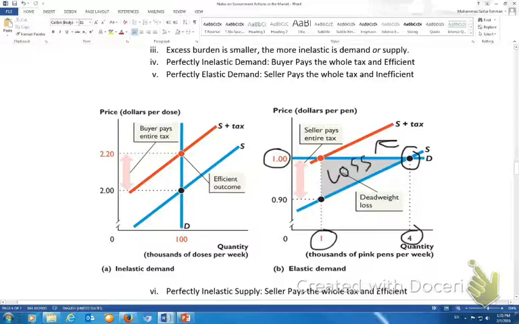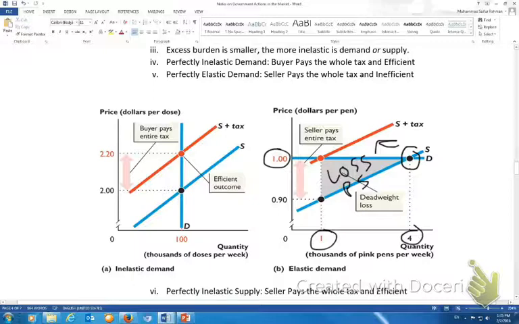So this is the deadweight loss. This is because of the underproduction that is happening, and also because our producer really does not receive the same price in both situations. Before, our producer was receiving $1. Now our producer has to pay back part of the tax that is imposed on them, so they end up getting a lower price.